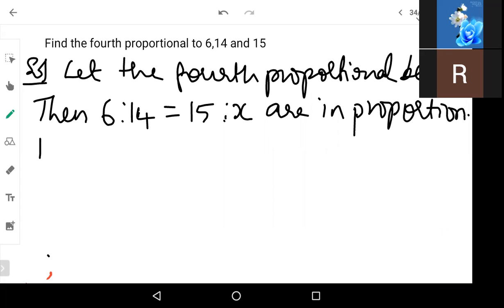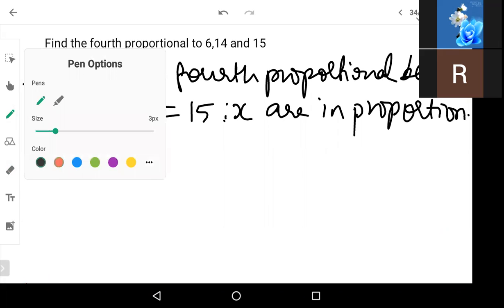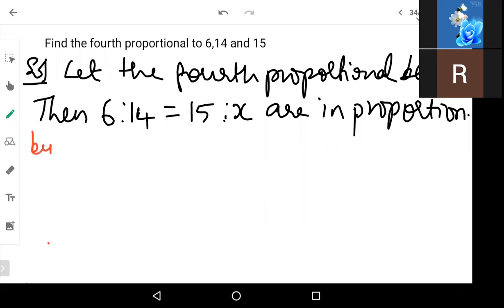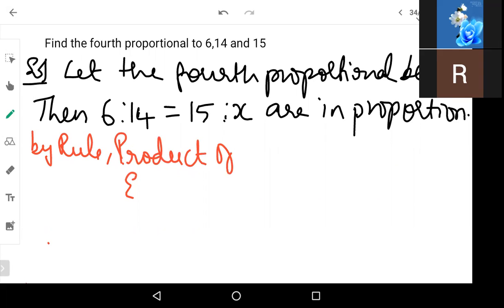Now, by rule, now we know the rule of proportion, that is, by rule, product of extremes is equal to product of means.